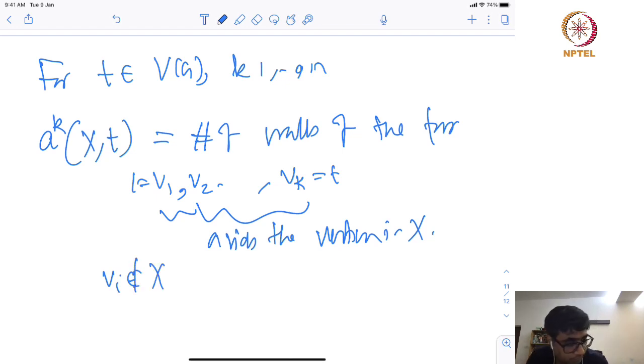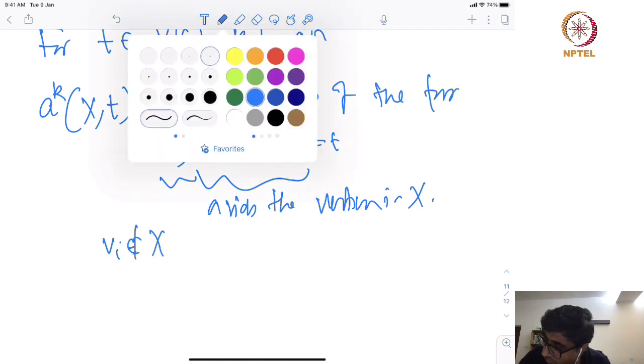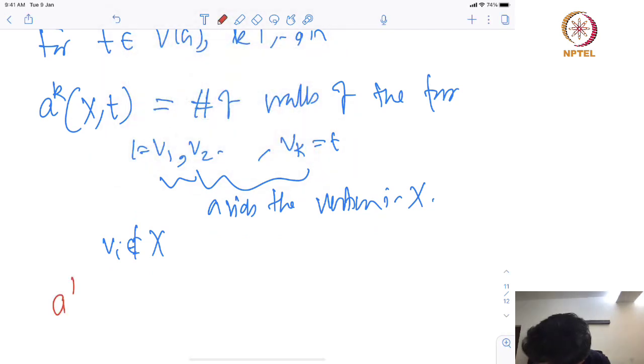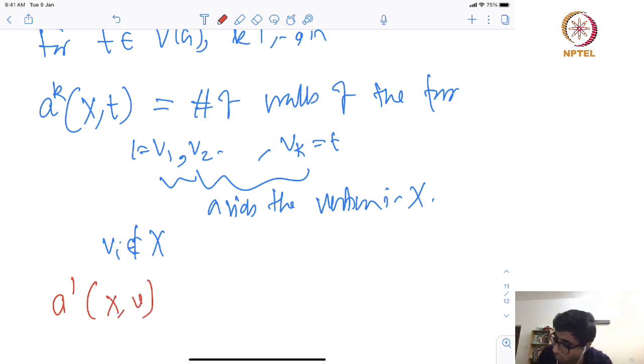And how do we do this? So, this DP we can set up. Let us ask ourselves, A_1(x, v), what is this? This exactly evaluates to 1 if v is equal to 1 and 0 otherwise. Okay.